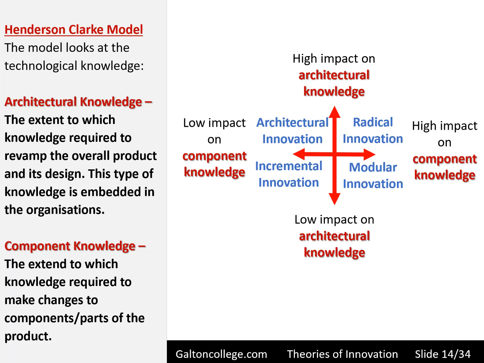Component knowledge, well, it's the extent to which knowledge is required to make changes to components or parts of the product. So component knowledge is essentially leaving the product as it is, but making some changes to the components. Let's say a car manufacturer produces a particular model of car. That's architectural. They've got everything there. They have the know-how to make the car.